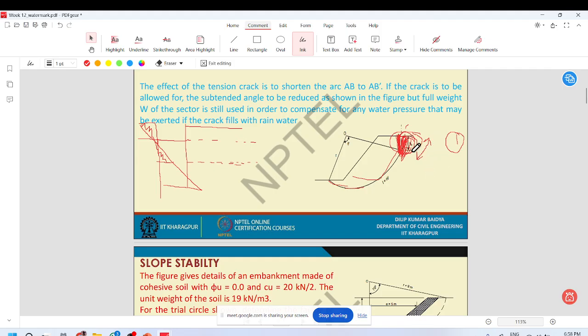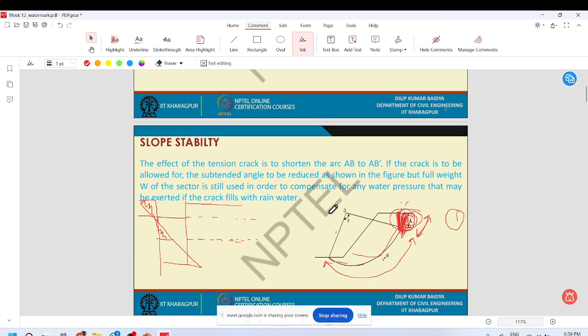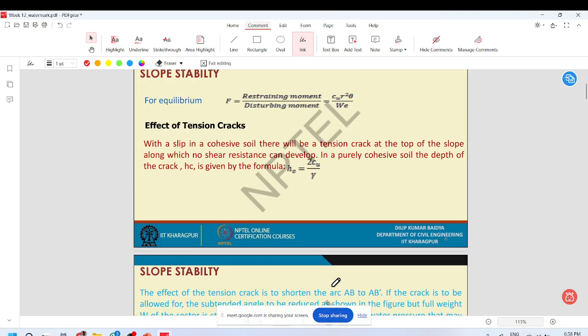So you have reduced this much of your resisting length. Now your new length of resistance for the failure is this.